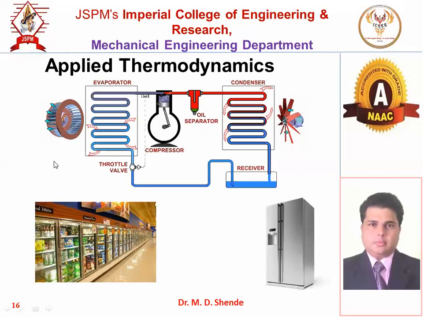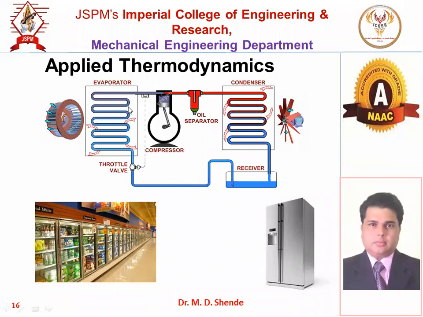So this is the refrigeration cycle, which is called VCR or VCC, that is vapor compression refrigeration or vapor compression cycle, which consists of mostly four parts. This is the evaporator, where the cooling effect is obtained, where the temperature is maintained and heat is absorbed.